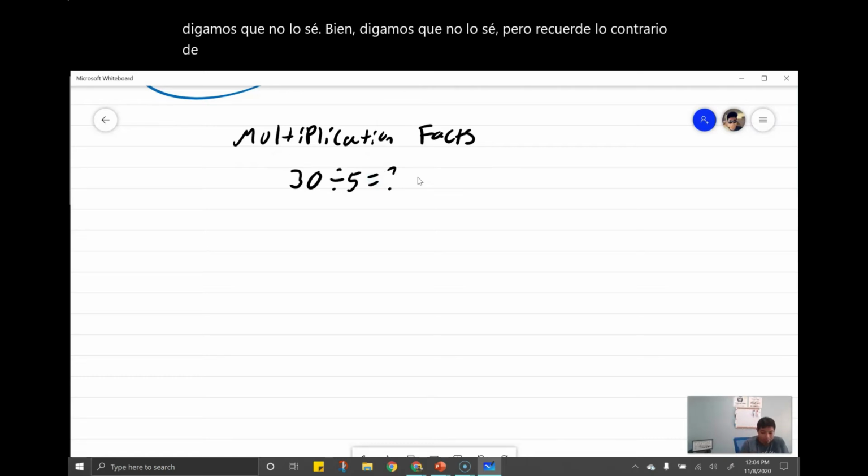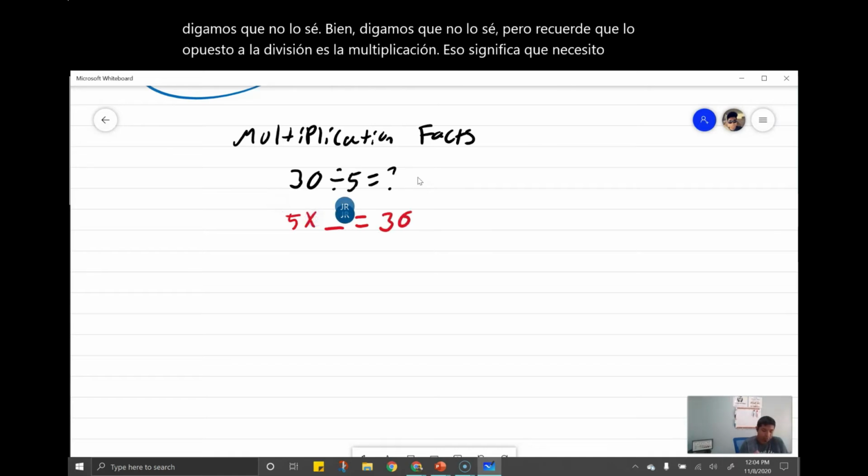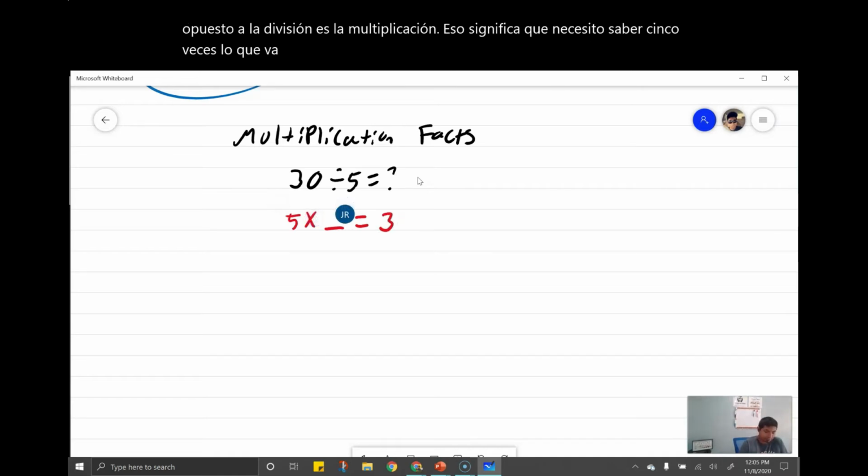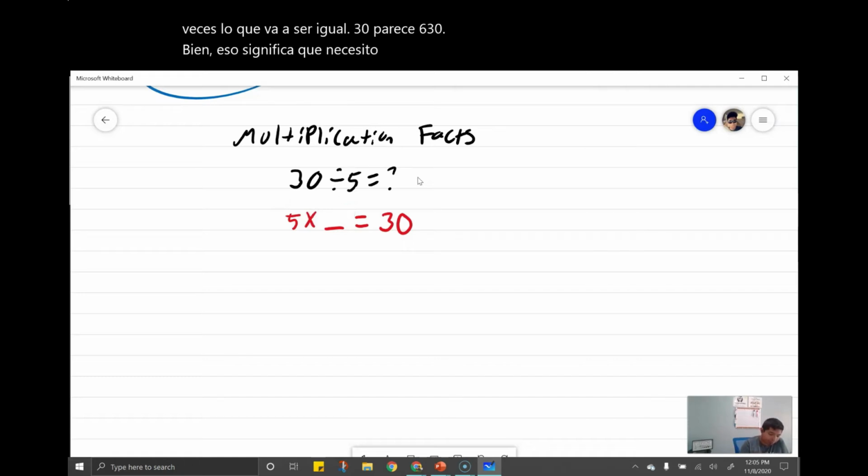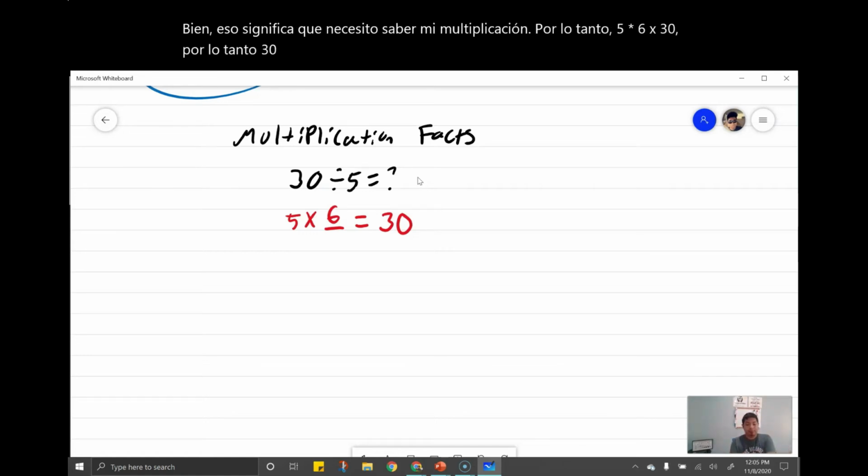Okay, so that means I would need to know 5 times what is going to equal 30. Oops, not 36, 30. Okay, so that means I need to know my multiplication. So 5 times 6 equals 30. So therefore 30 divided by 5 would equal 6. Okay? And that's the intro on division.